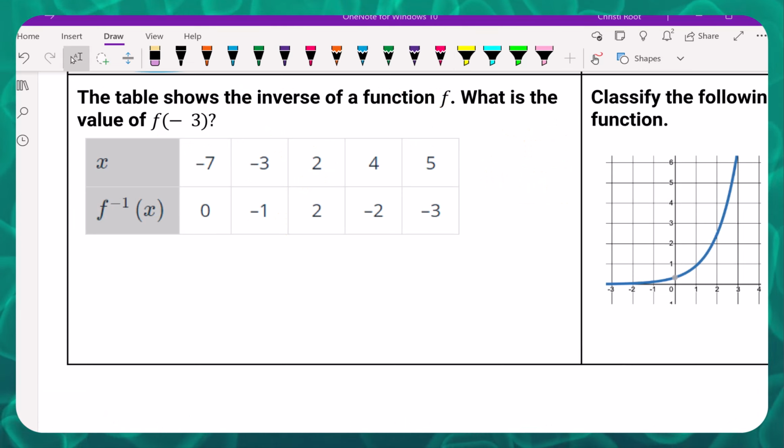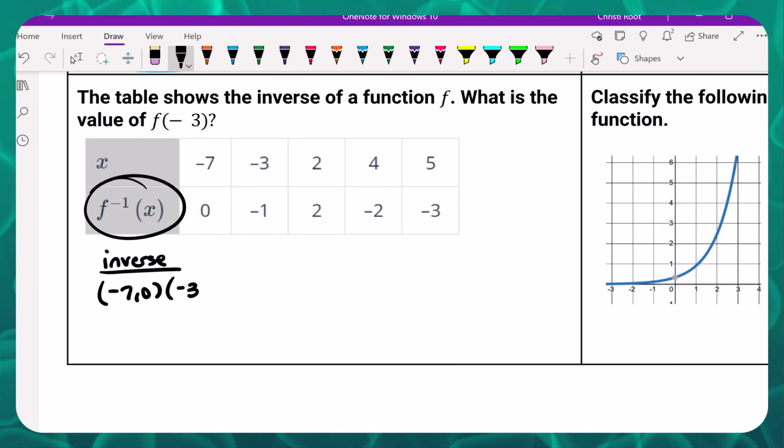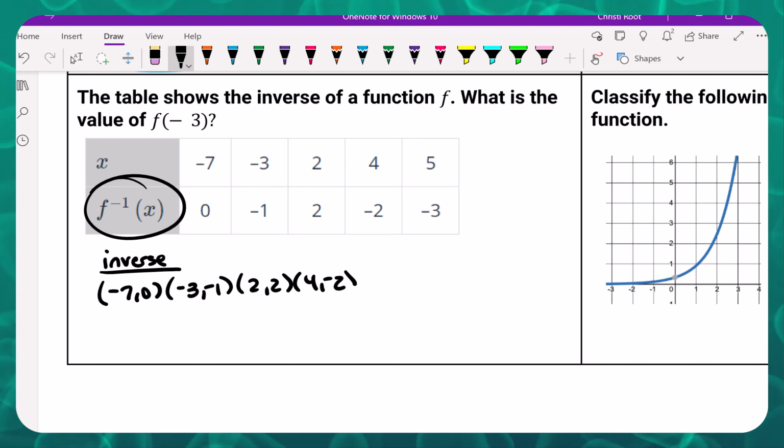So I think the easiest way to explain this one is that I'm just going to write these as coordinates. Now pay attention, this is actually the inverse notation. So the inverse coordinates are -7, 0; -3, -1; 2, 2; 4, -2; and 5, -3.